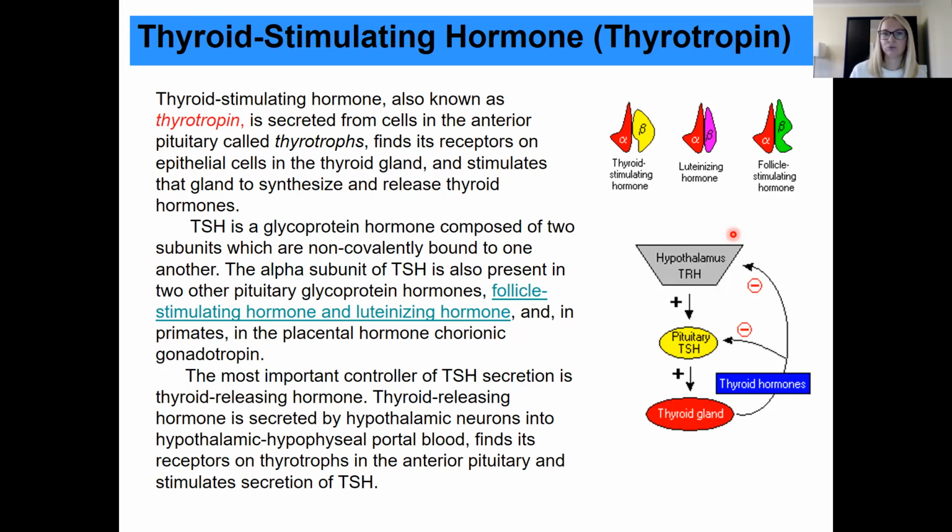The alpha subunit is also present in two other pituitary glycoprotein hormones, luteinizing hormone and follicle stimulating hormone. The most important controller of thyroid stimulating hormone secretion is thyrotropin releasing hormone secreted in the hypothalamus. It's a classical example of a negative feedback circle, which we were discussing a few minutes ago.